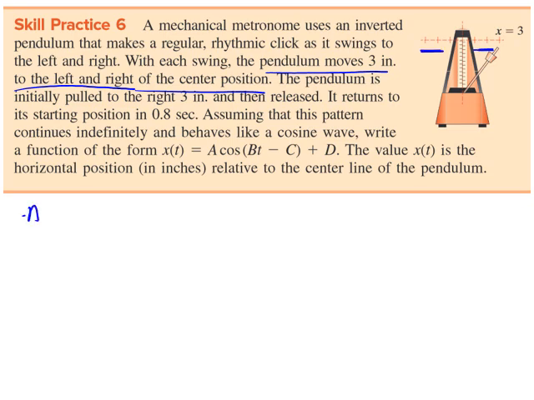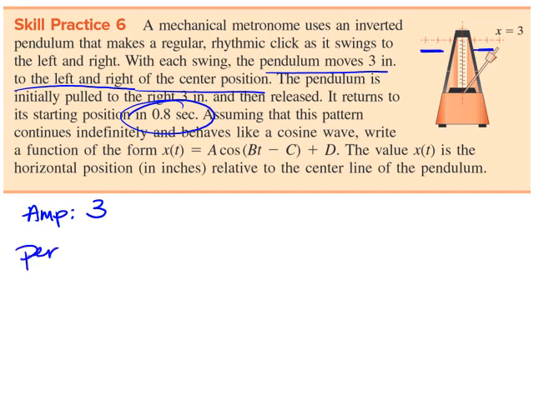This actually tells us that the amplitude is 3. It goes on to say that it returns to the starting position in a time of 0.8 seconds. So that tells us that the length of a period is 0.8 seconds.